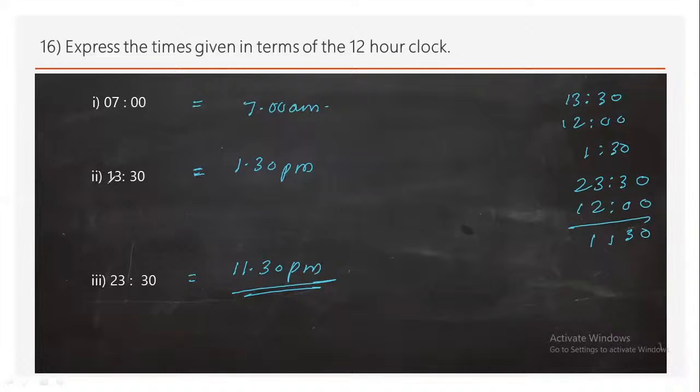Can you understand? When we are writing 24-hour clock time as 12-hour clock time, after 12 noon you have to subtract 12. Then 13:30 means 1:30. Subtract 12 from that, then 1:30 PM.